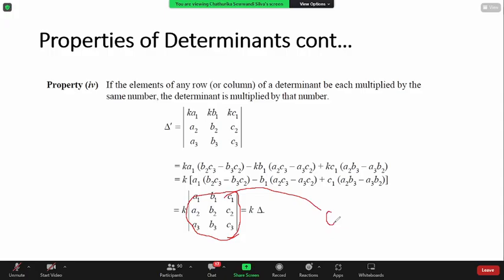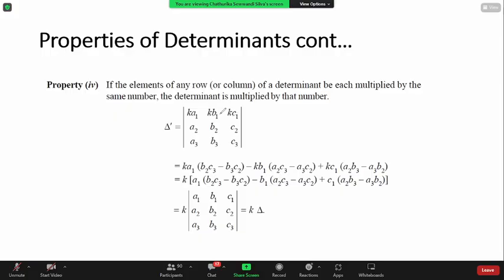Right. So then after calculating the determinant, we have multiplied the first row by a constant. But that constant should be the same for all elements of the row.